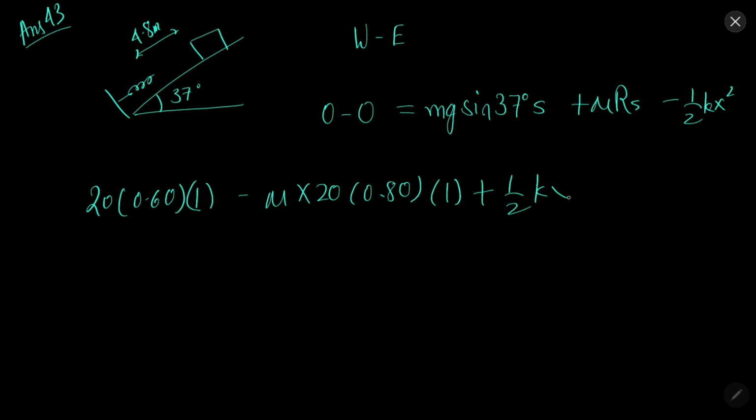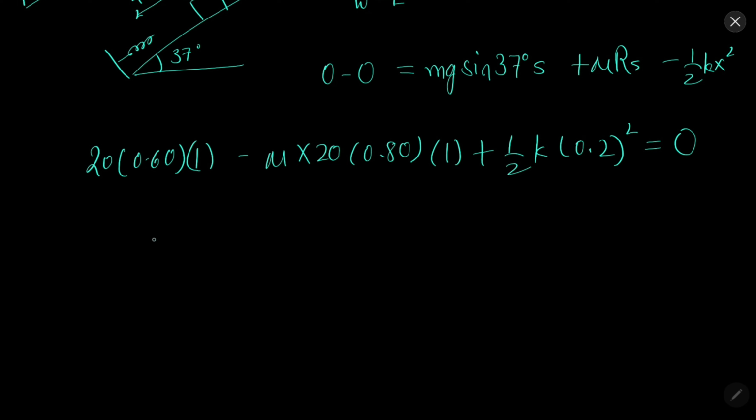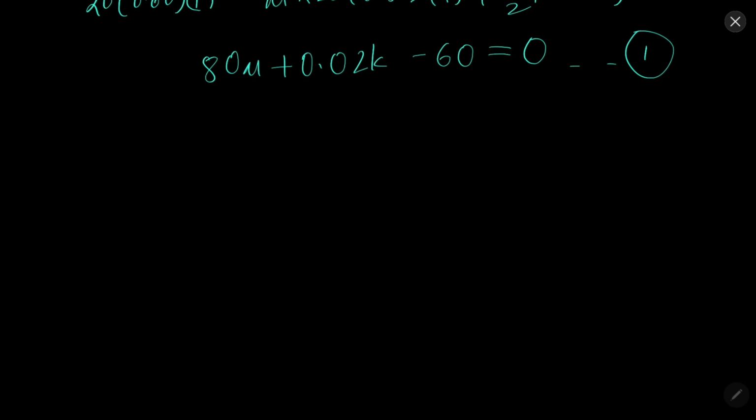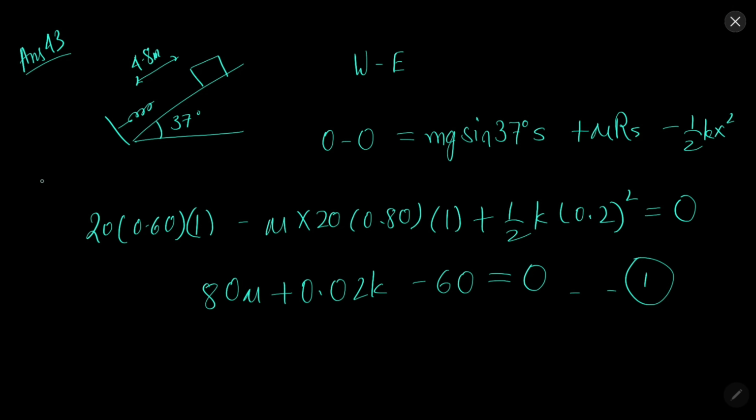K x square, so it is 0.2 square, it is equal to 0. So from this part, 80 mu plus 0.02 k minus 60 equal to 0. So this is equation 1, and this is for downward motion.